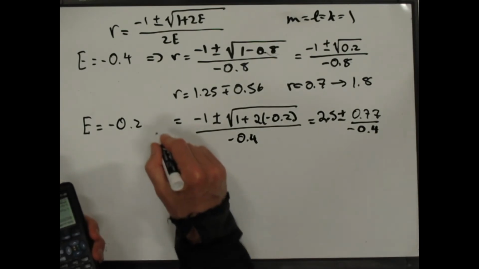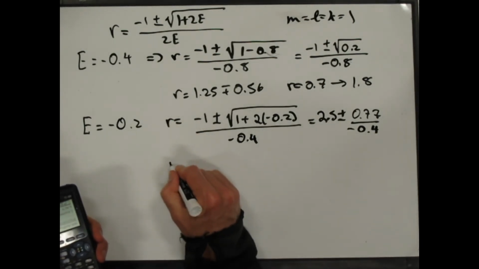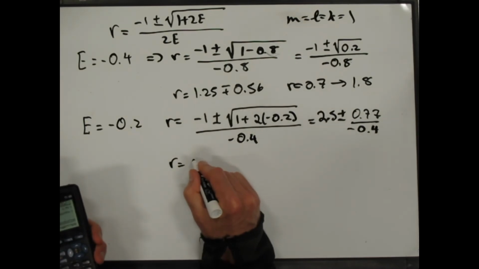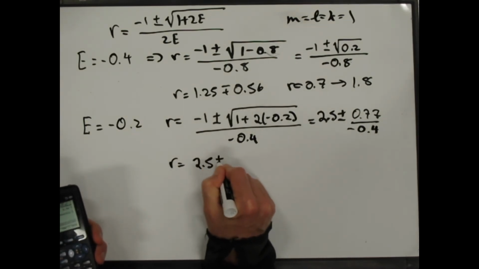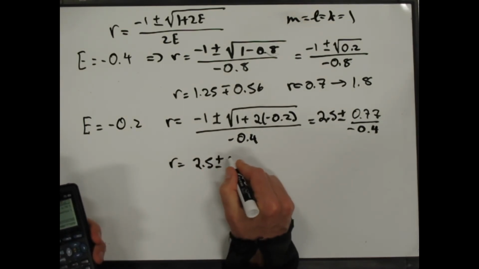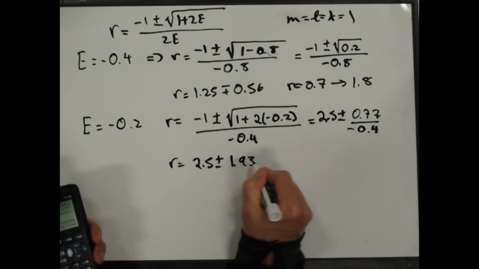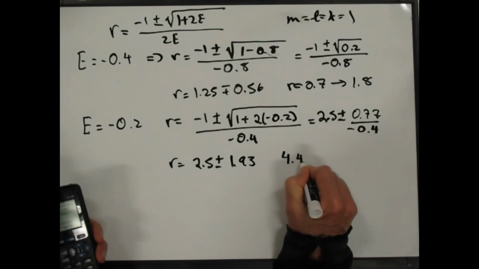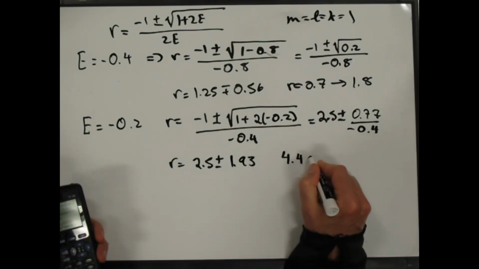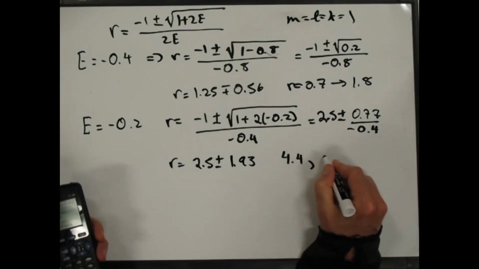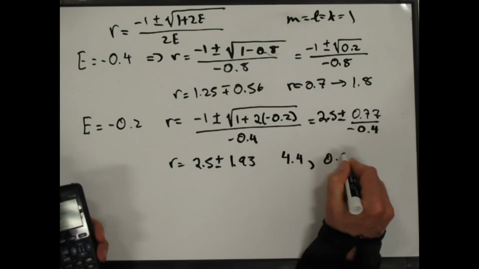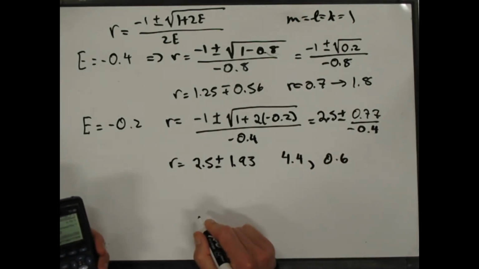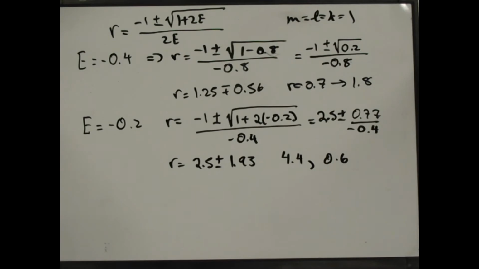So r equals 2.5 plus or minus 1.93, and so that's about 4.4 for the maximum and 0.6 for the minimum. And once again, you'll see that on the graph next time.